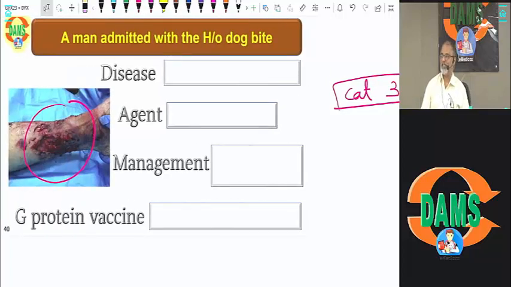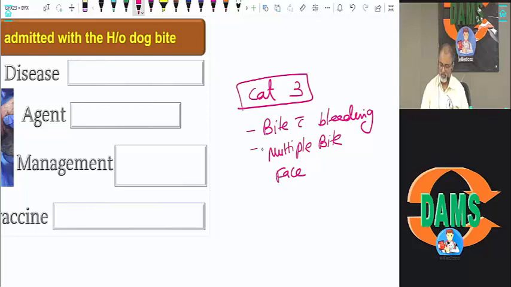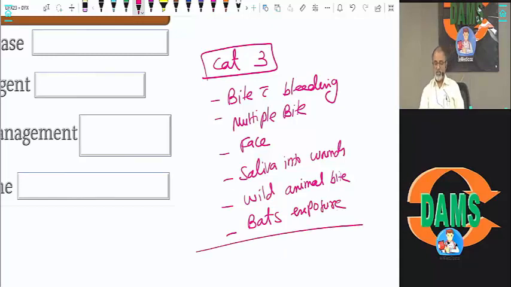Because multiple bites, bite with bleeding, or bite in the face, saliva into the wounds, or wild animal bite, or exposure to bats. All this comes under category 3 bite.